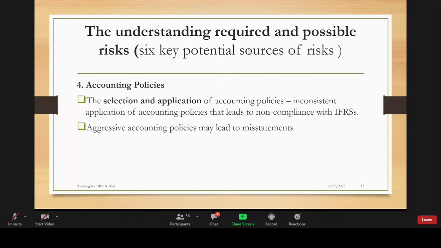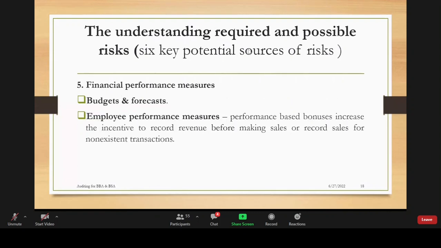Some people will choose to only apply these accounting policies when they favor them. When they don't favor them, then they change them. So you'll find in many companies, they keep changing accounting policies every year. Today, if it favors them, they will take it like that. If it doesn't favor them, they will change it. Okay? So those are also a source of what? A source of risk.